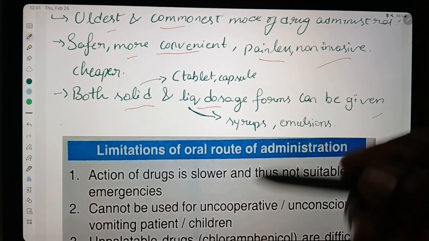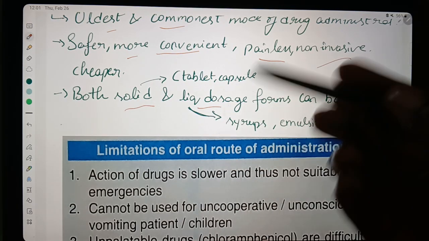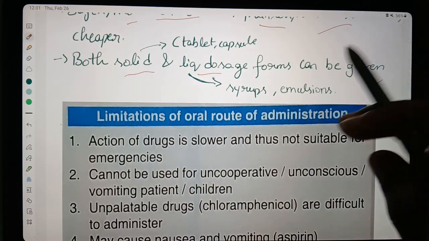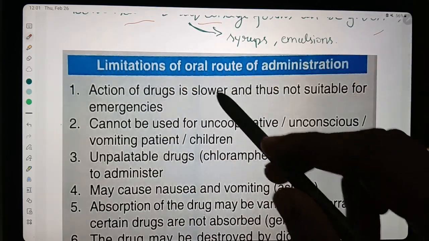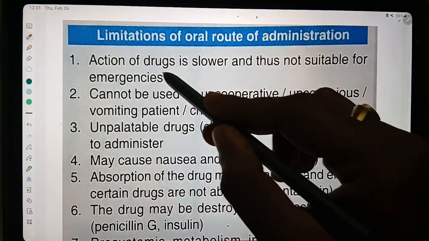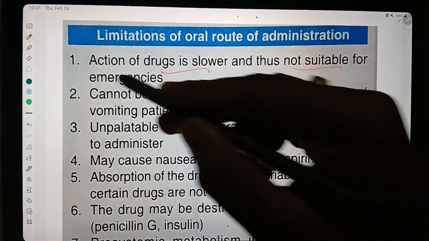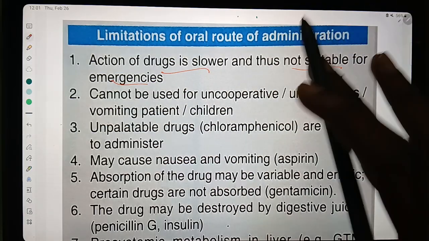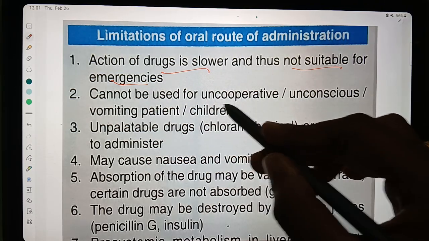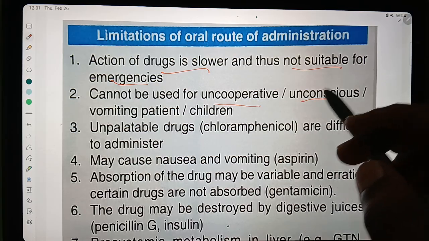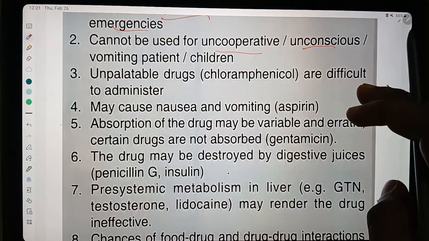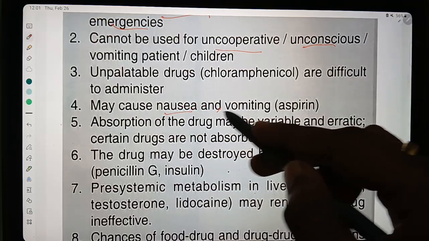Tonics, tablets and syrups can be given. These are the limitations of the oral route. Action of the drug is slower, so it is not suitable for emergency situations, and it cannot be used for uncooperative, unconscious or vomiting patients. It may cause nausea and vomiting.